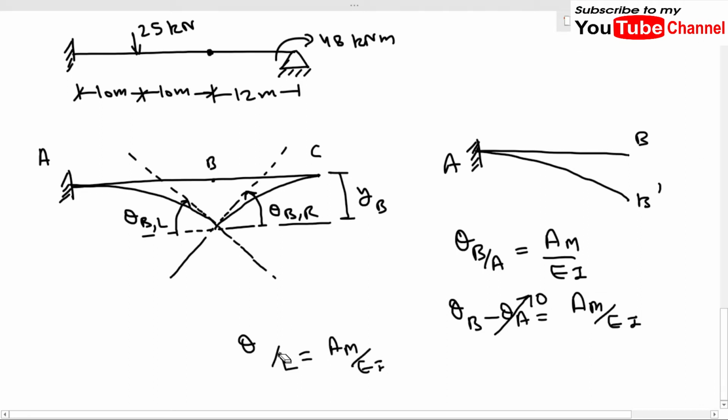Sorry, let me write it again so there should not be any confusion. It is theta BL. Why is it theta BL?